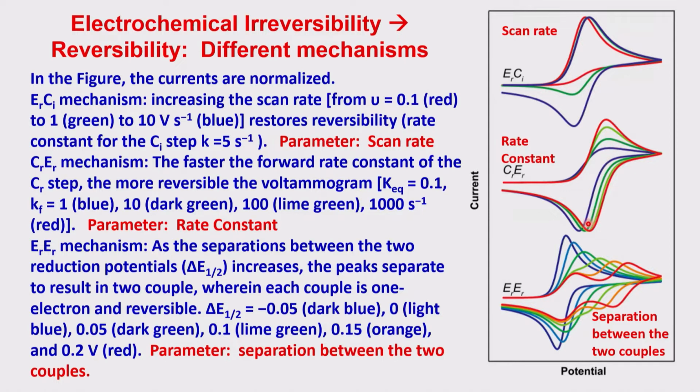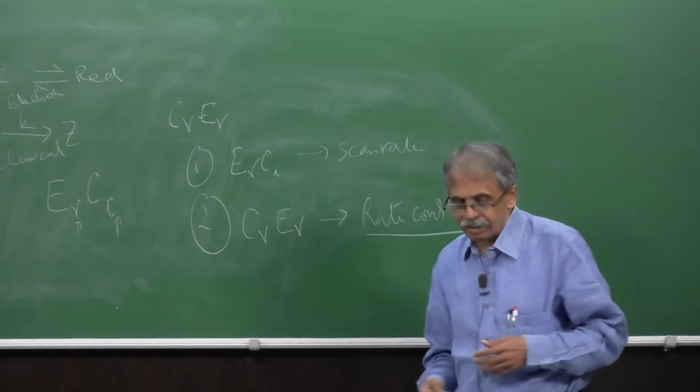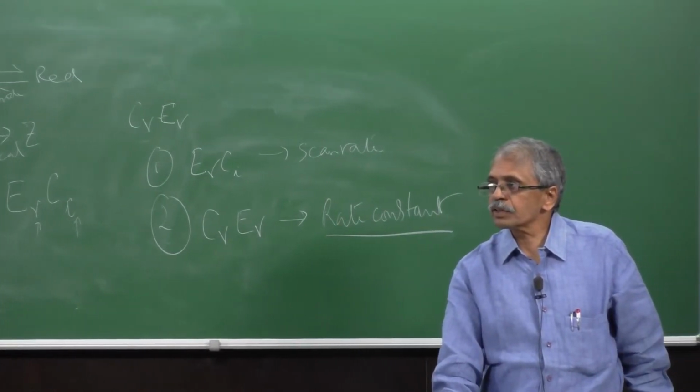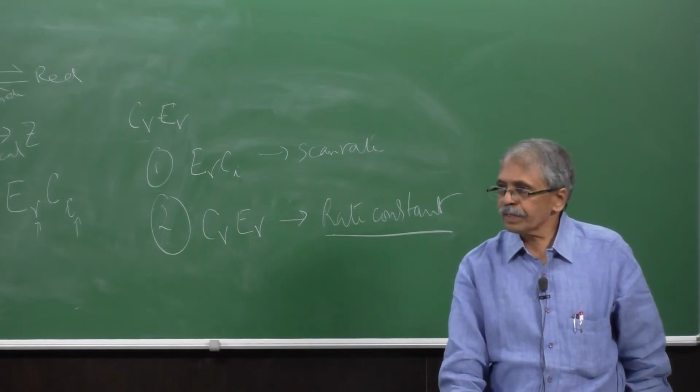You see the maximum peak here, a little peak here, then the rate constant is 10 per second, and then you have the next one, dark green, and the 100 rate constant, light green, and then 1000 you have red. So when it comes to the red, it is more or less coming close towards reversibility. So here the reversibility can be adjusted by changing the rate constant of the reaction.